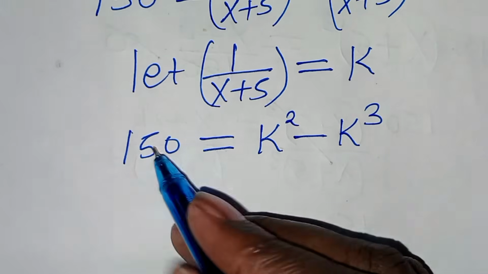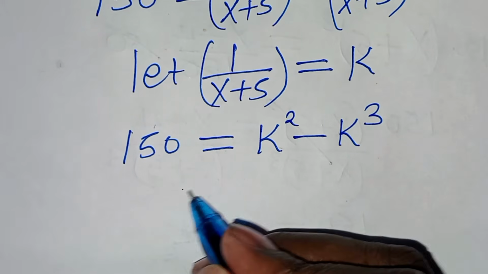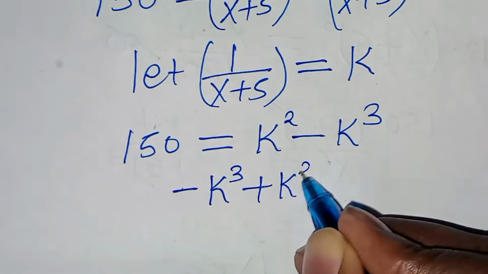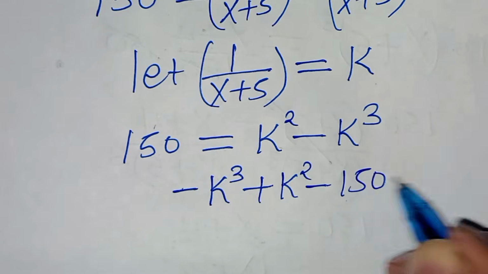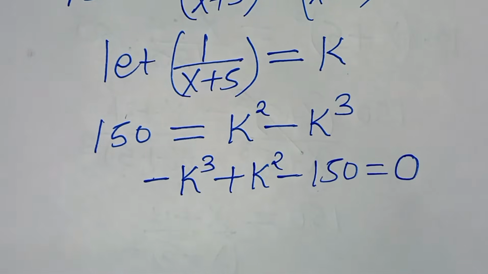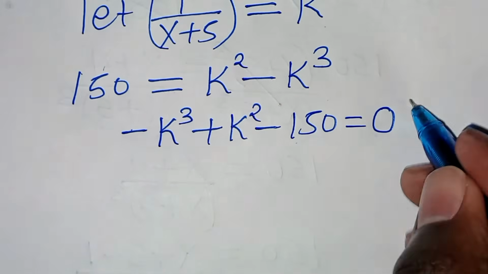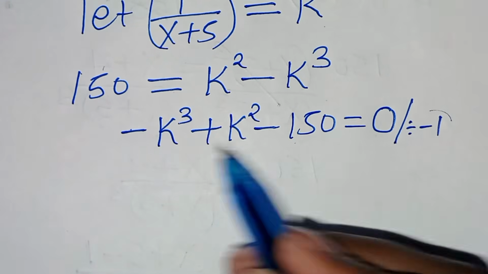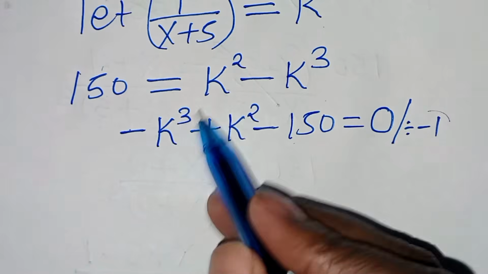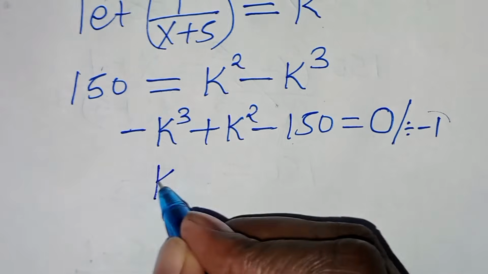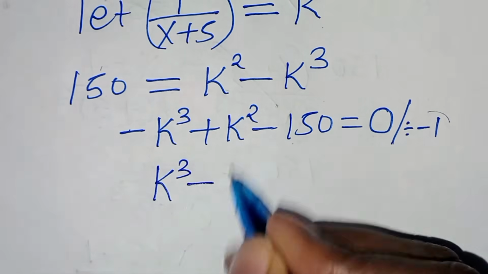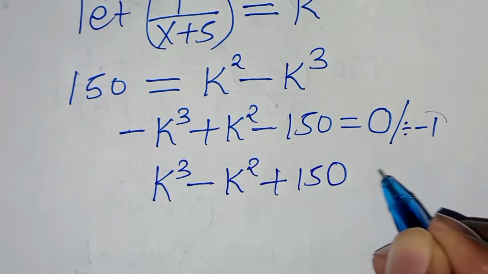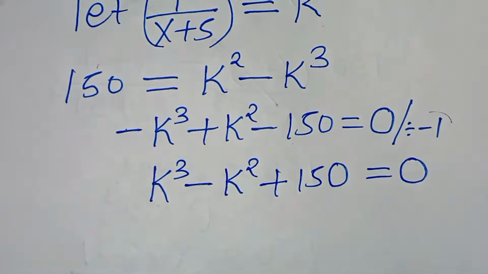Let's take 150 to the right hand side, so we'll have minus k^3 plus k^2 minus 150 is equal to 0. Let's divide both sides by -1, so that we have k^3 minus k^2 plus 150 is equal to 0.